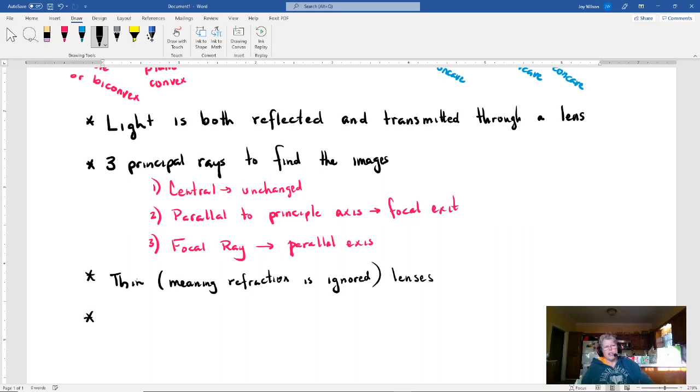We're still going to have virtual still going to mean no light actually went there. Let's say it like this. Reflected light might have gone there. This is reflected, not transmitted.